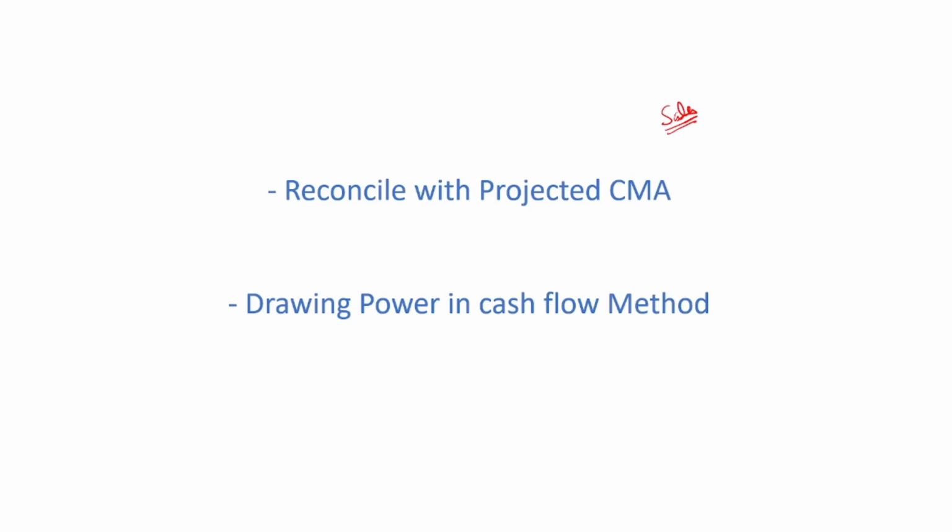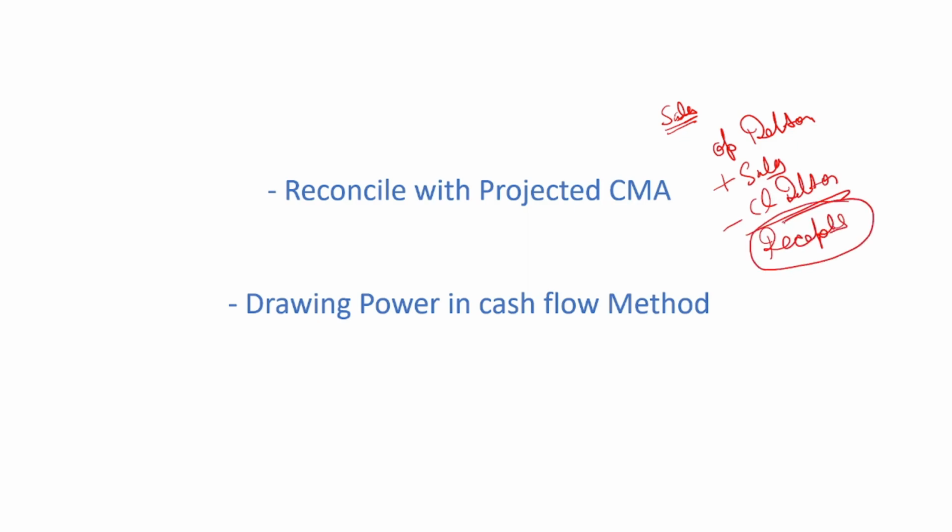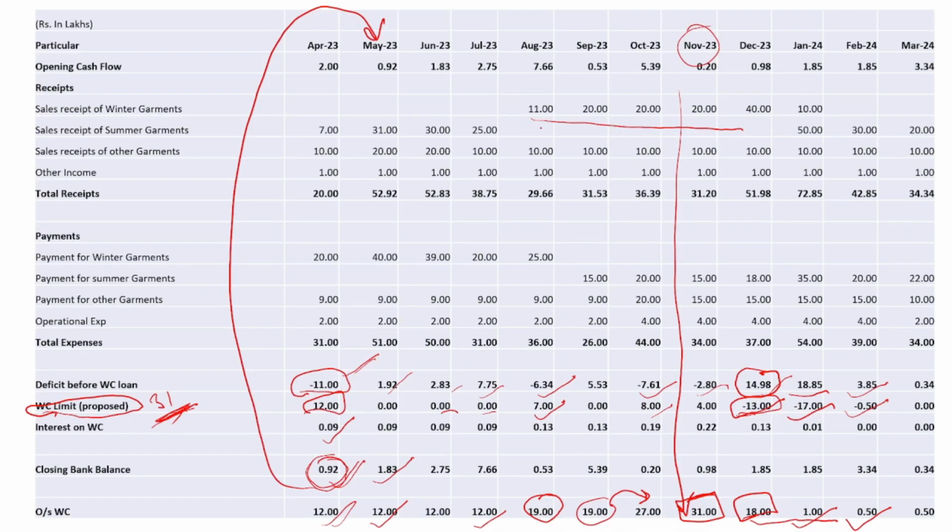You can see in the CMA there is opening debtors plus sales minus closing debtors, which should be the receipts. These receipts should match with these receipts.